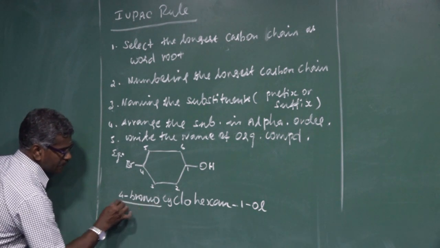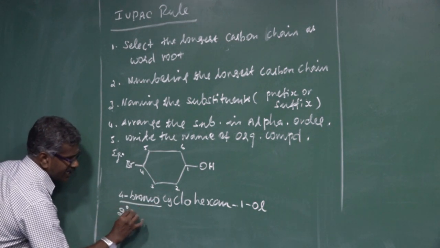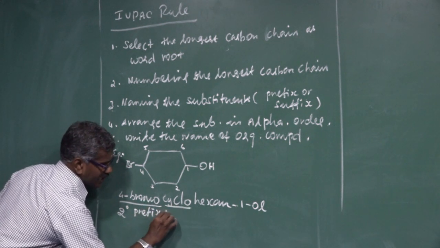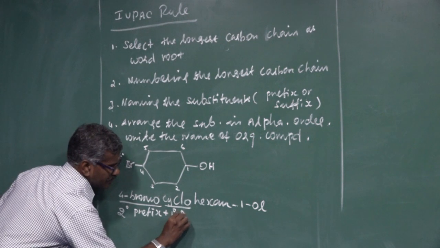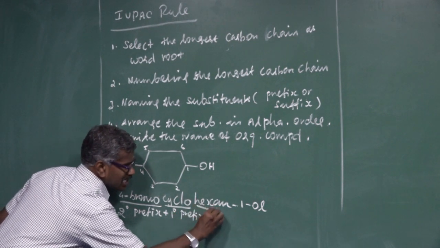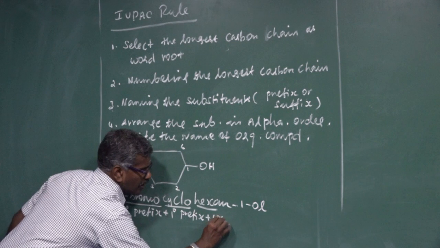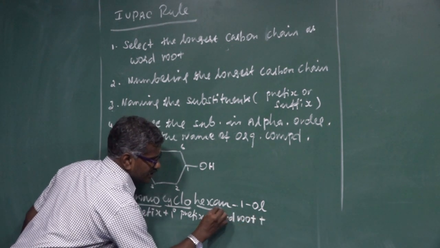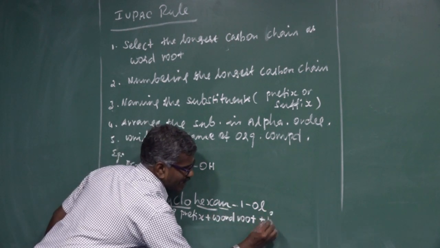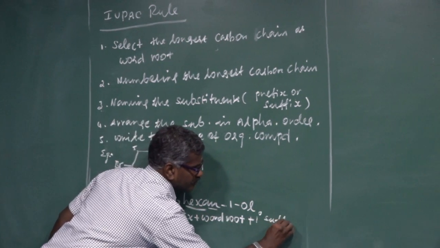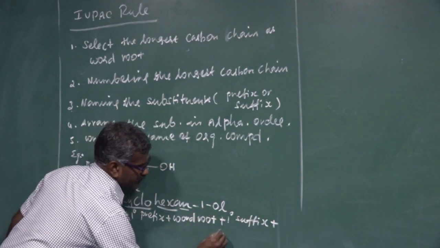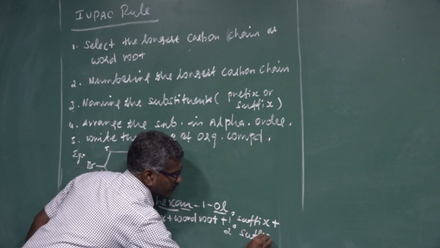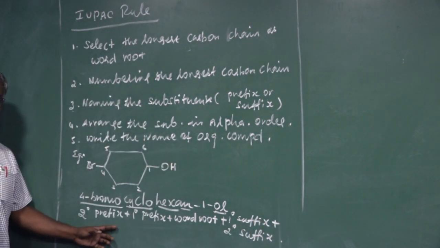This one acts as a secondary prefix. This one acts as a primary prefix. This one acts as the word root. This is the primary suffix. This one is the secondary suffix. This formula is very important.